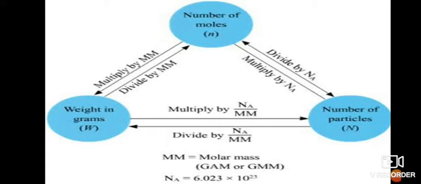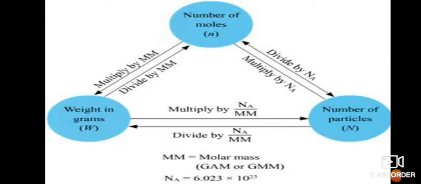If you want to calculate moles, then you must divide the mass by molar mass. If you want to calculate the mass, then you have to multiply the molar mass into moles.